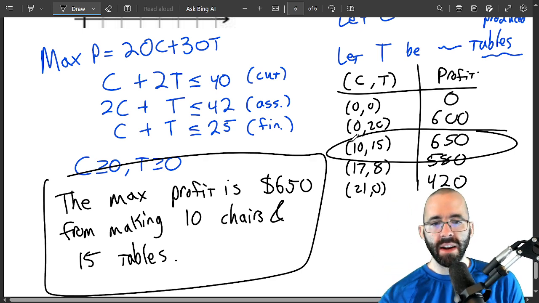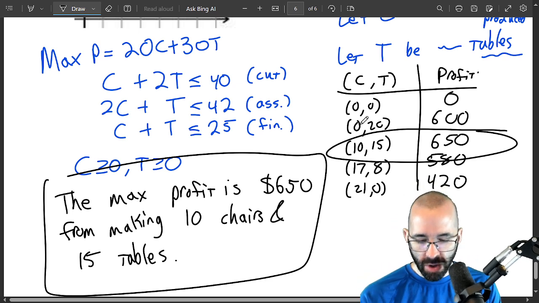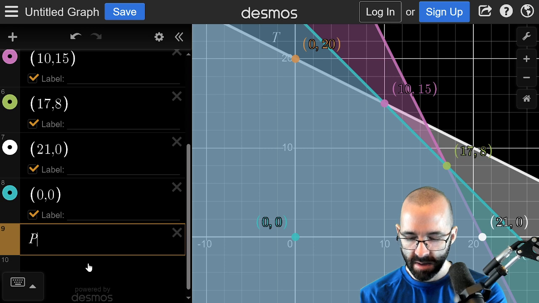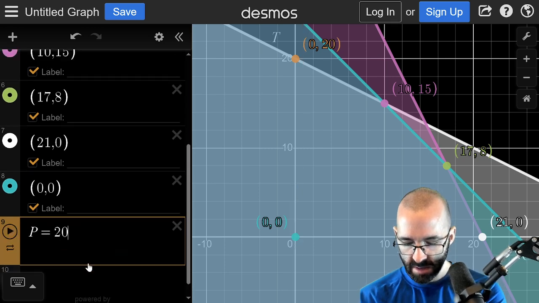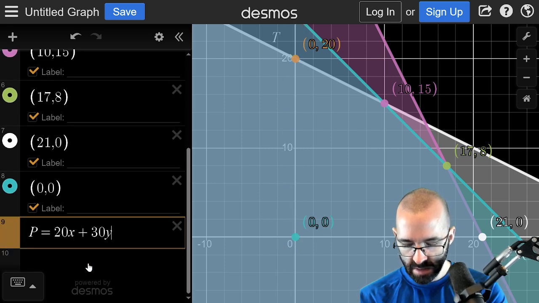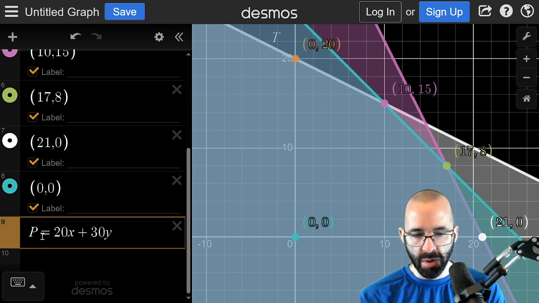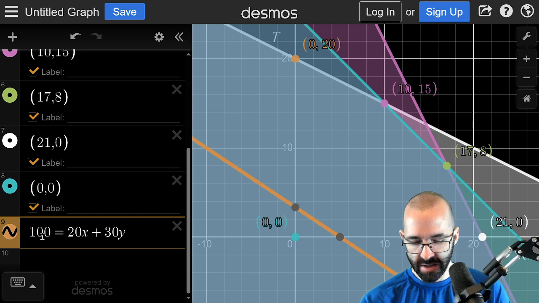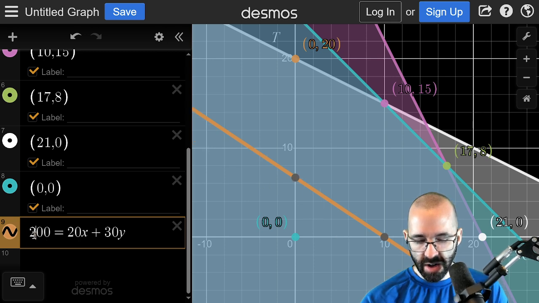And again, to go back and do a little recall about what graphically this looks like. If we graph this profit, profit is 20C plus 30T. And we just graph different profit levels. These are all the things with a profit of 100, profit 200, profit 300.